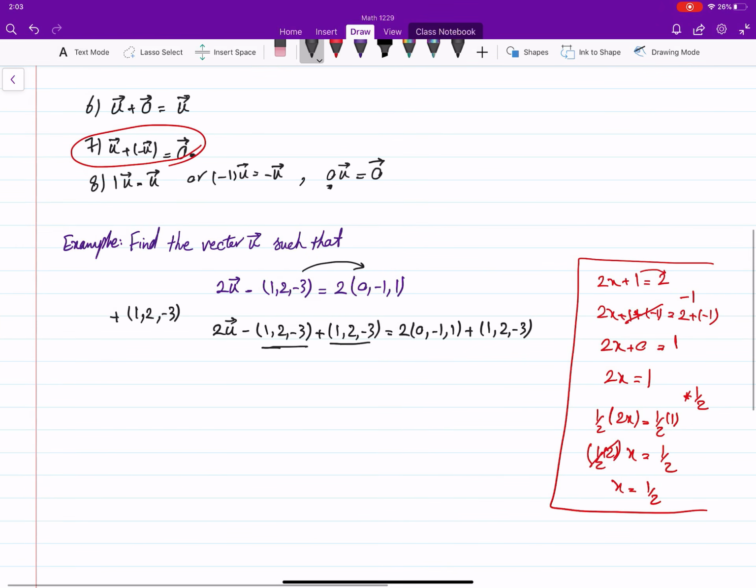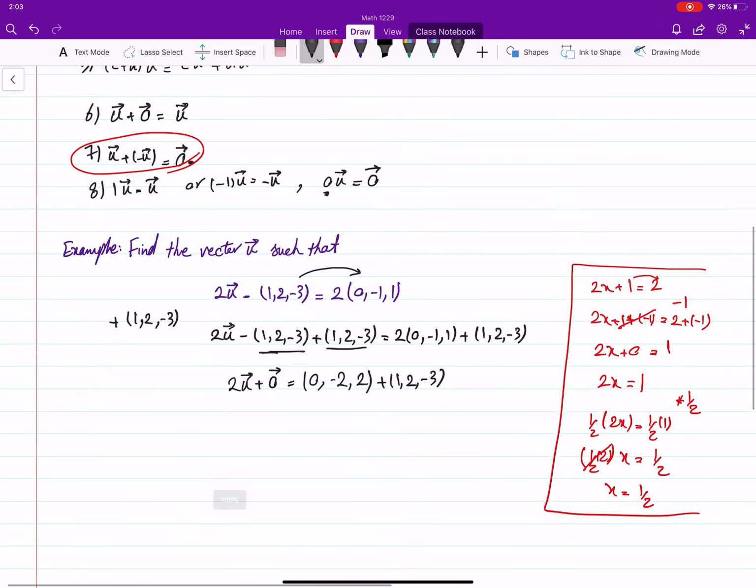So this will be 2 times u plus the 0 vector is equal. Let me do the right hand side. This is 2 times 0 is 0, 2 times -1 is -2, and 2, and add to (1, 0, -3).